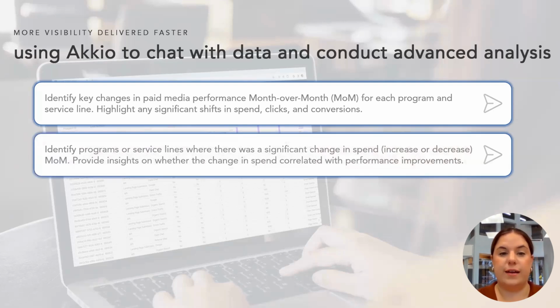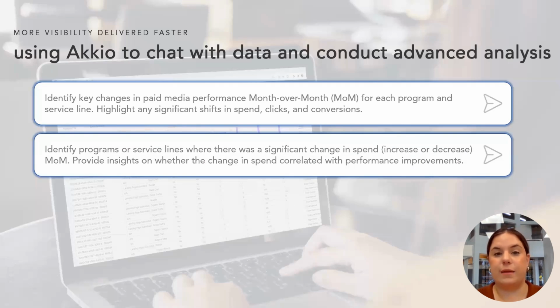Another prompt you might try is just looking at any programs or service lines where there was a significant change in spend and doing some analysis to understand if that change in spend impacted performance in the way that you expected it to. A lot of times with Penn Medicine, we'll notice that there's additional opportunity to spend to help them get closer to their goal.